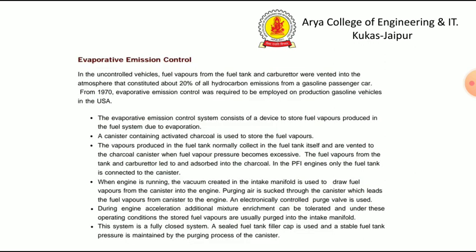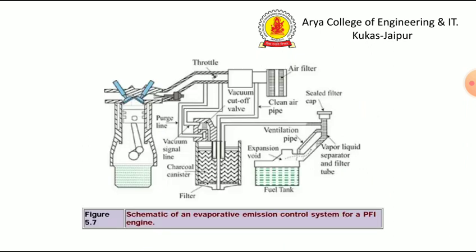Next is evaporative emissions and control. The evaporative emissions control system consists of a device to store fuel vapors produced in the fuel system due to evaporation. As we can see in the figure, a canister containing activated charcoal is used to store the fuel vapors.